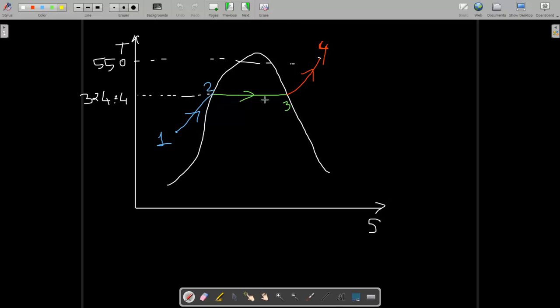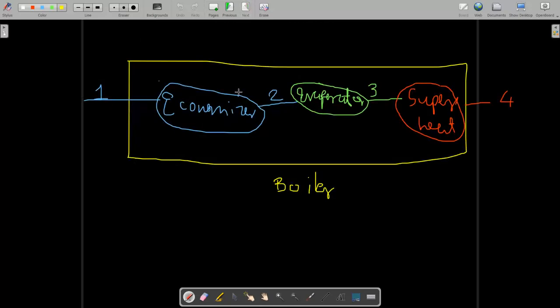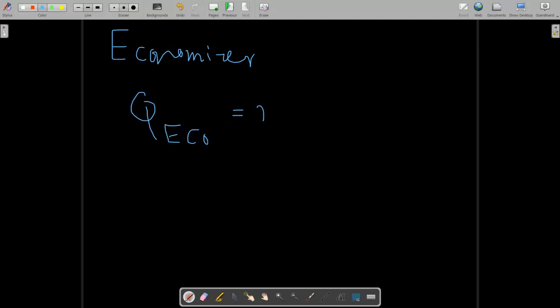Then at constant pressure, just write down: in the economizer, the heat added is given as mass of water into H2 minus H1.